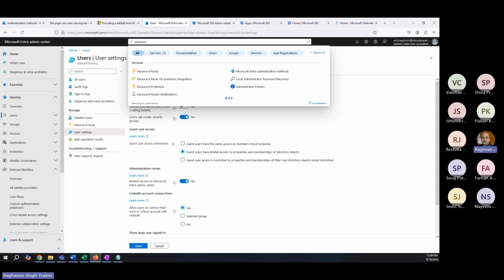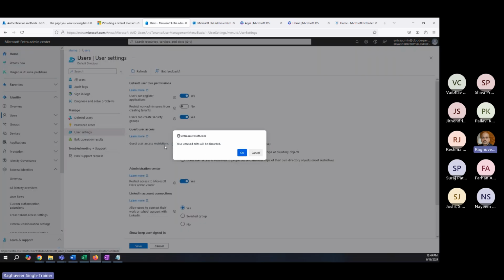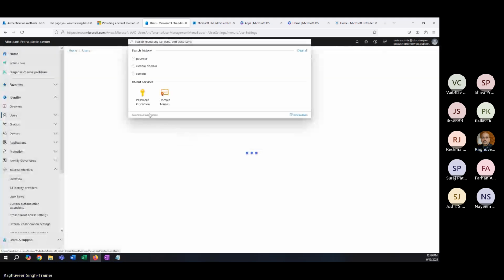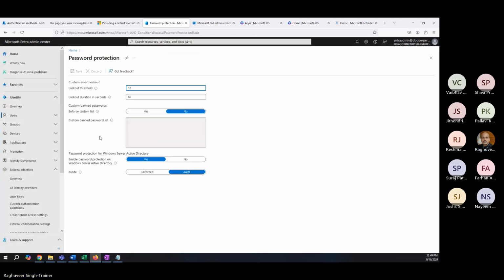Because these things you basically configure once in a while. Password protection. So the same window, enforced. I'll get back to you on this because I remember there is an option to configure the length also. That is why when you create a password, Microsoft says that the password should be a minimum of 15 characters.